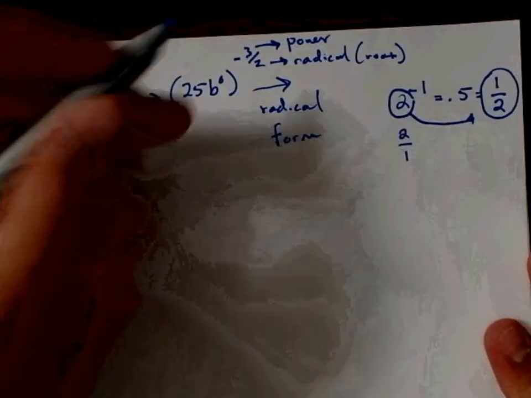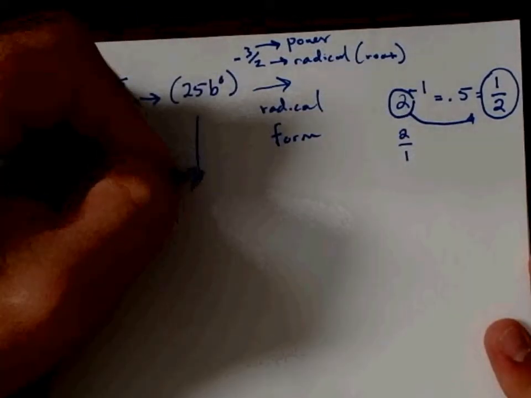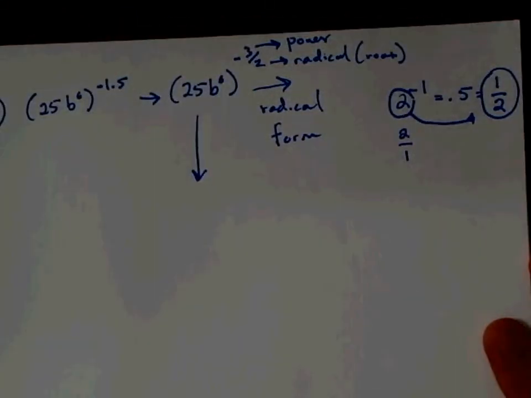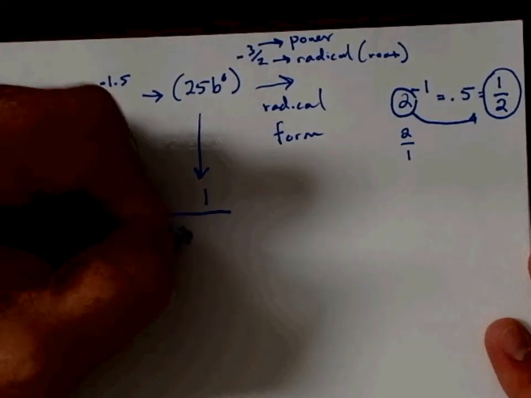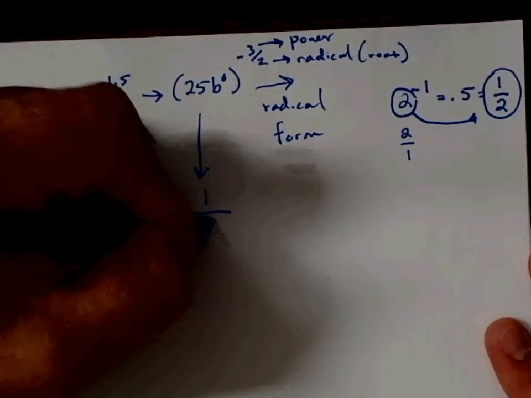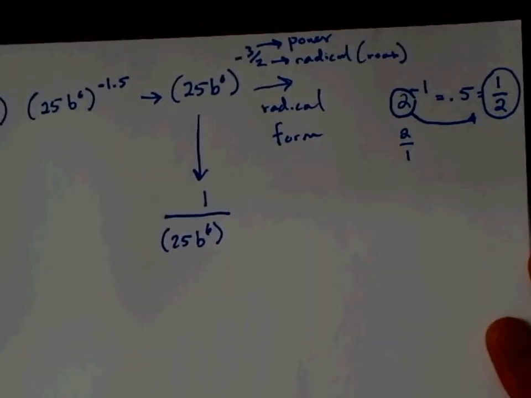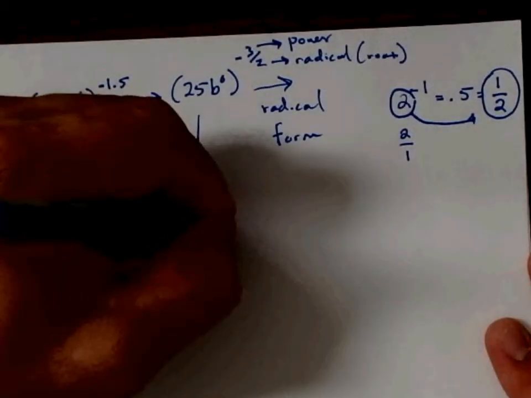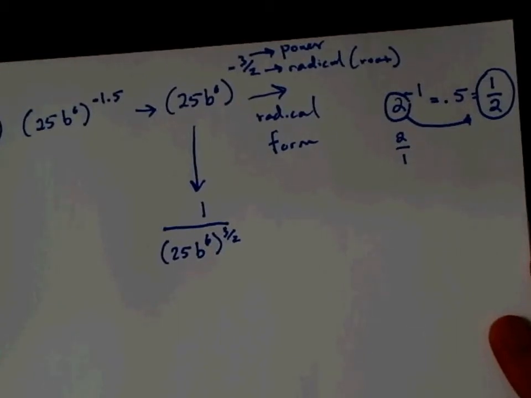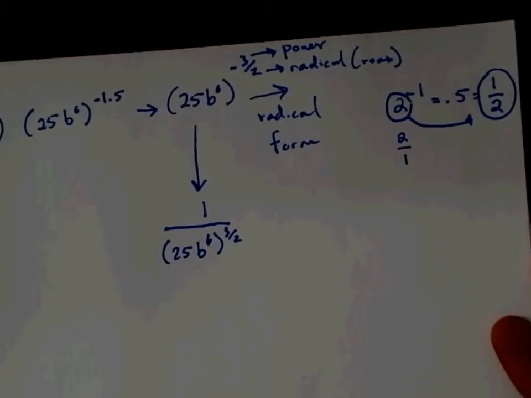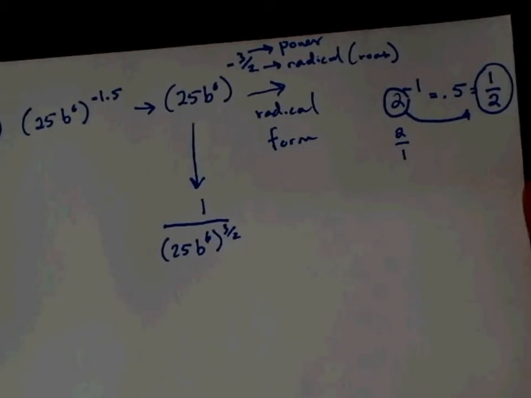Okay? And so what this is going to do with that negative exponent is it is going to make it a fraction. So this is going to become 1 over 25 b to the 6th, and now this is going to be a positive 3/2. Everybody okay with that? All right. And so now this looks a little bit more like what we can deal with.